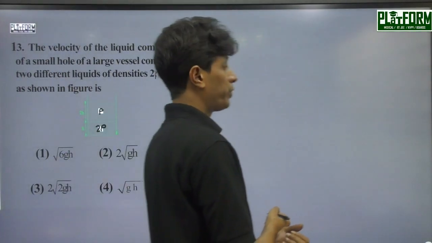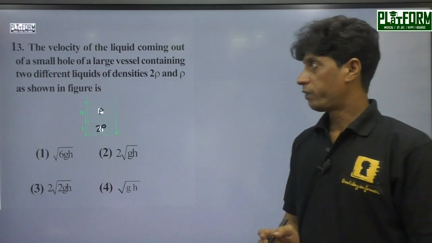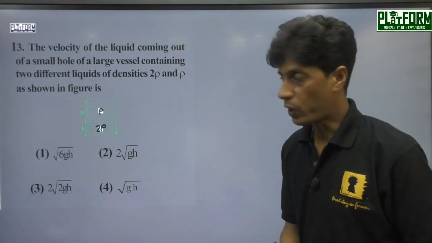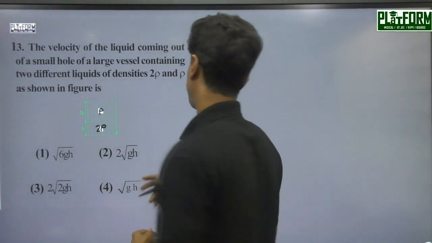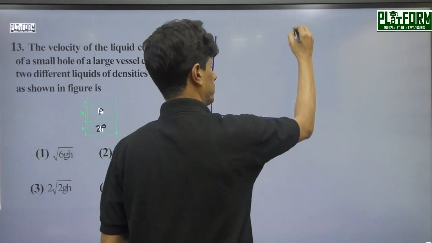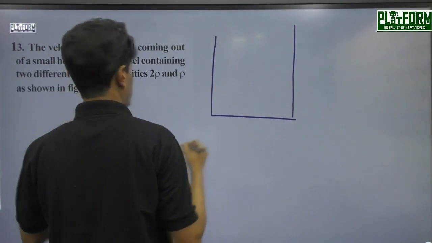Velocity of liquid coming out of a small hole of a large vessel containing two different liquids of density 2 rho and rho, as shown in the figure. In this figure, two types of liquid are used.